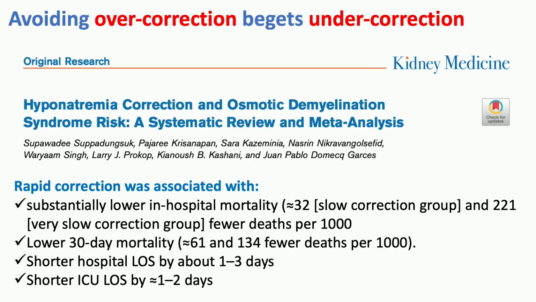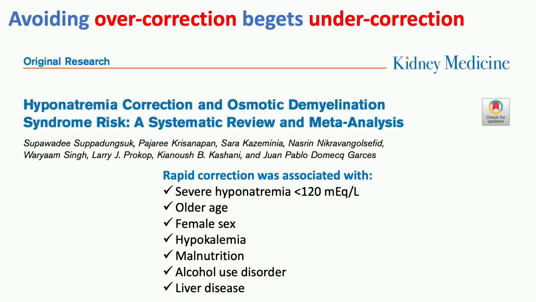That doesn't mean it's okay to overcorrect every single patient with hyponatremia, because if you remember from the discussion before, there are certain patients who have a higher risk of developing ODS compared to others, and these are patients with severe hyponatremia, elderly, female, associated hypokalemia, especially if it's severe, malnutrition, alcohol use, or liver disease. So with these patients, be careful with overcorrection.